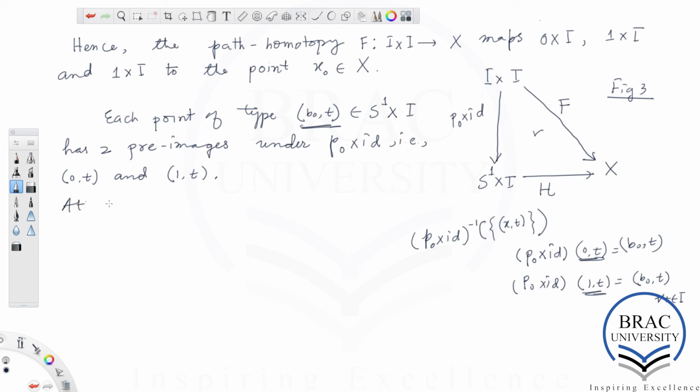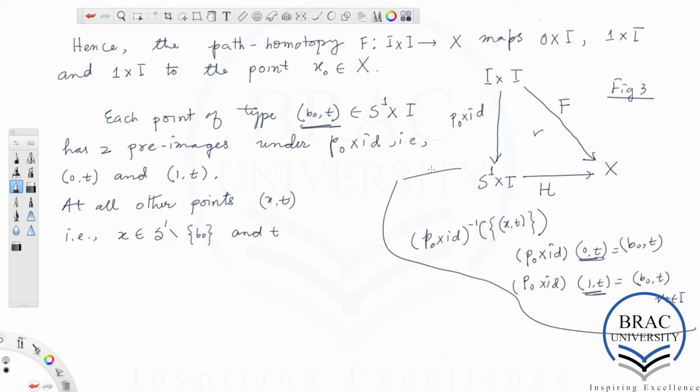At all other points, x comma t, that is x in S1 minus B0, the base point, and t in I, the inverse image of x comma t under P0 cross ID is a singleton, meaning that everywhere else it's injective. Okay.